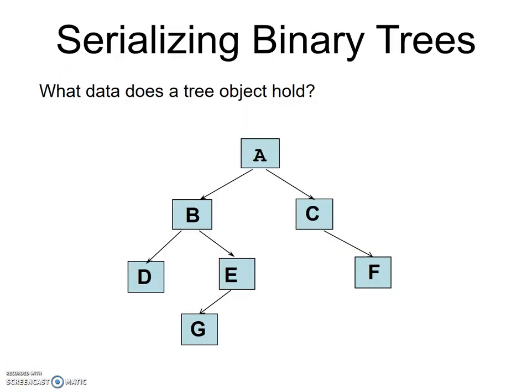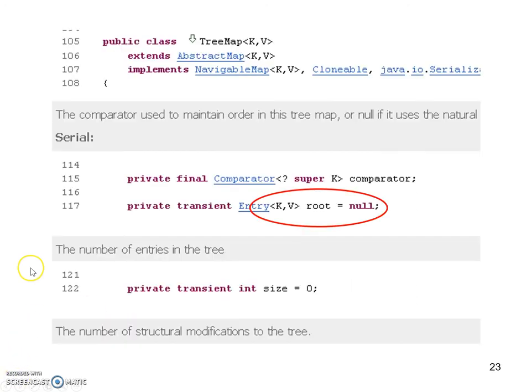So let's figure out how we would serialize a binary tree. Here's an example of a binary tree, but what data does the tree object actually hold? This is some code which comes from the public class TreeMap, just to see what the private data members associated with this particular tree were. And you'll notice that the only thing that it holds is the root.